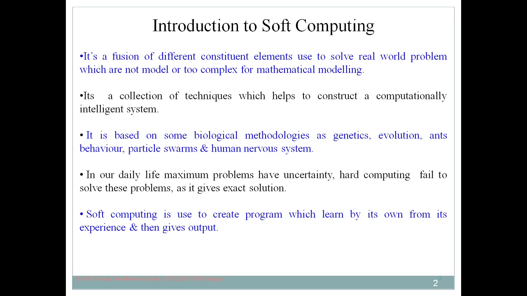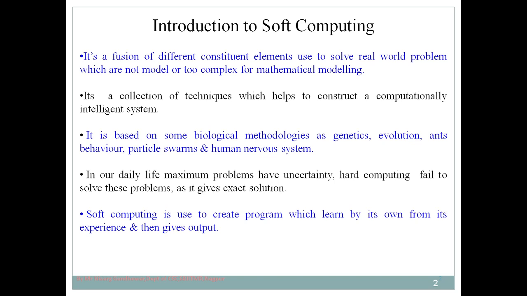Hard computing is used traditionally to solve various problems, but nowadays the complexity of problems is more, so we cannot use hard computing every time, so we need to use soft computing. I will give a simple example to illustrate this concept.